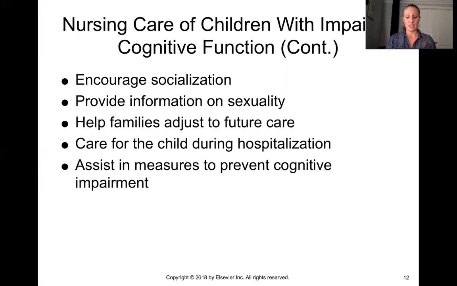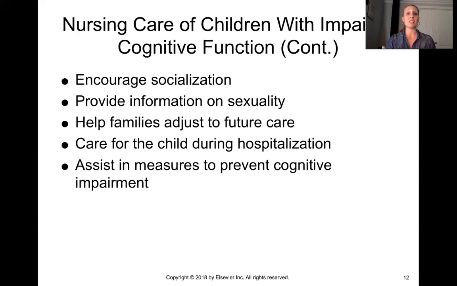During hospitalization, it's really important not to ignore these kids. Unfortunately, nurses are kind of scared of kids with cognitive impairments, mostly because as nurses, we're taught to treat the illness, right? And usually we have an end game and we're able to fix something. And this isn't really something we're able to fix.